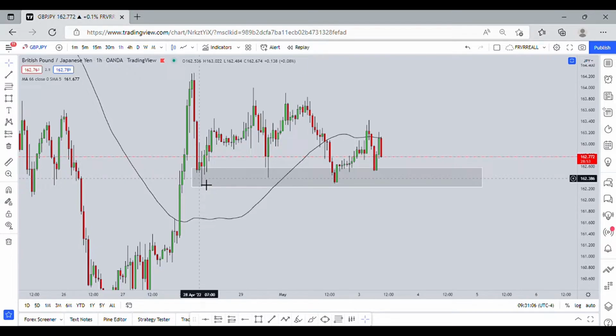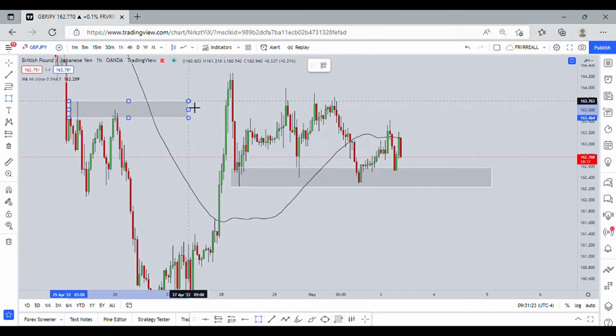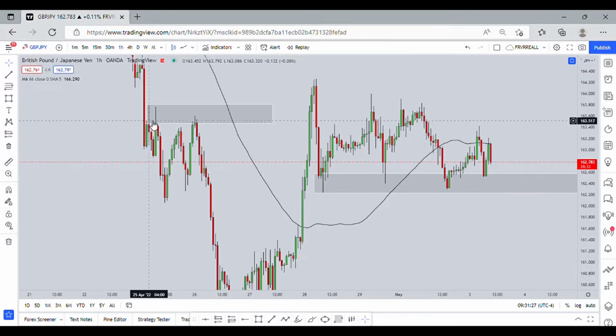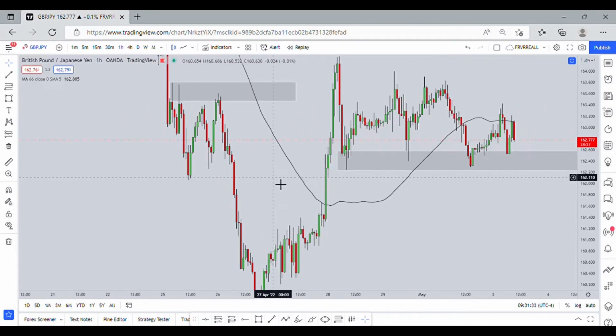Support is where price is going to fly off, where price is going to become bullish, and resistance is simply where price is going to become bearish, right? For example, here's resistance, price drops, comes back again, drops. So it seems like the same thing as supply, but on a lower time frame.